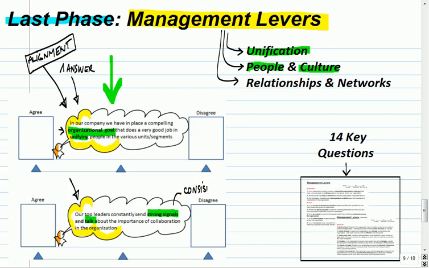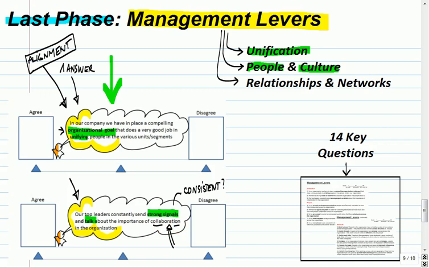For instance, when it comes to careers, are people selected and rewarded based on their capability to collaborate, or even to collaborate across units, or to collaborate with external organizations, as often we need to do to address big challenges?